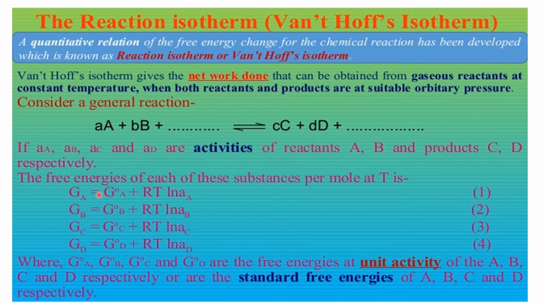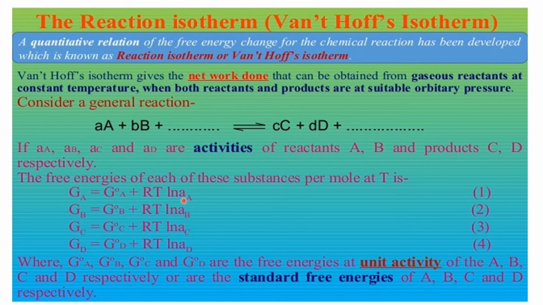We have an equation G_A is equal to G0 plus RT ln a. So for a particular substance, the free energy is equal to standard free energy plus RT into logarithm of the activity.